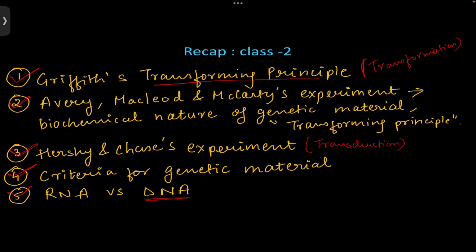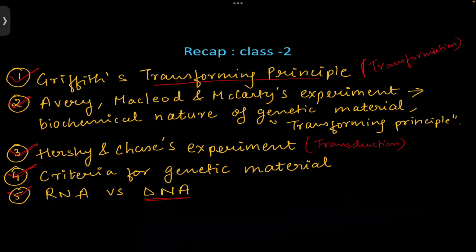We saw that genetic material should be able to replicate itself, or generate its own replicas. Then it should be stable enough, both chemically as well as structurally. In the second point, we saw that RNA is a very reactive molecule in comparison to DNA, and we know the reasons, right? The third criterion was that the genetic material should be able to get expressed in the form of Mendelian characters, genes, so that it can pass on from one generation to the next.